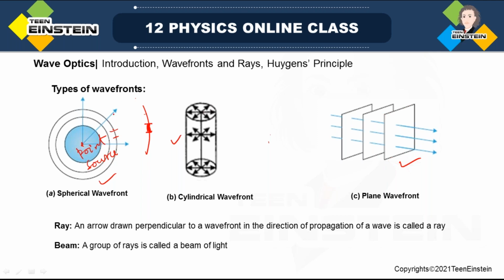So these are the different types. Here is a point source, and here a line source, a linear source of light.